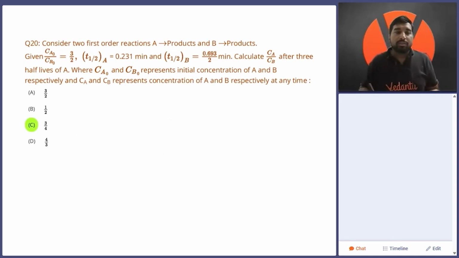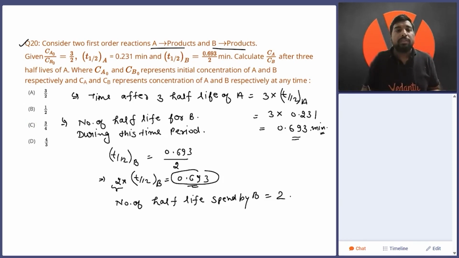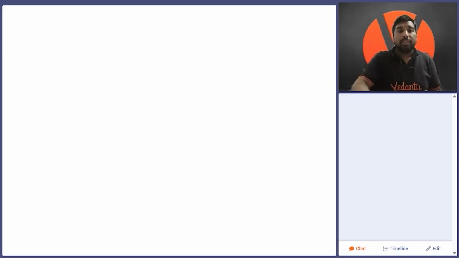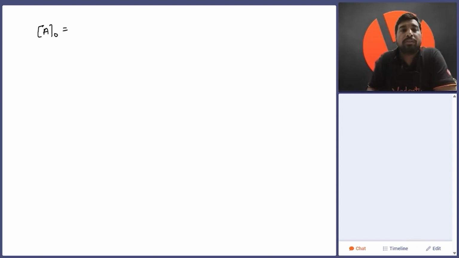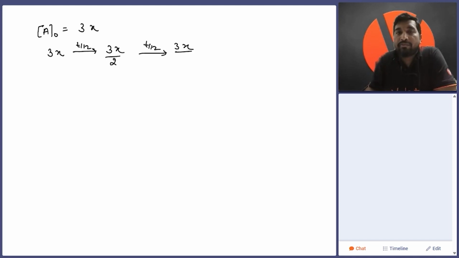Let's say initial concentration of A naught is equal to 3x. So 3x will spend one T half, it will form 3x by 2. Once again, one another half life, 3x by 4.